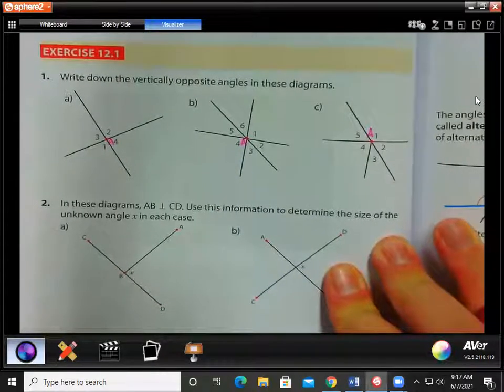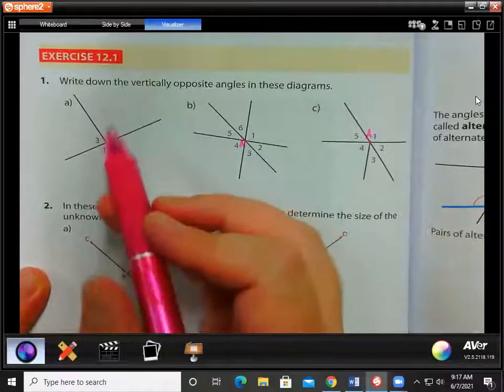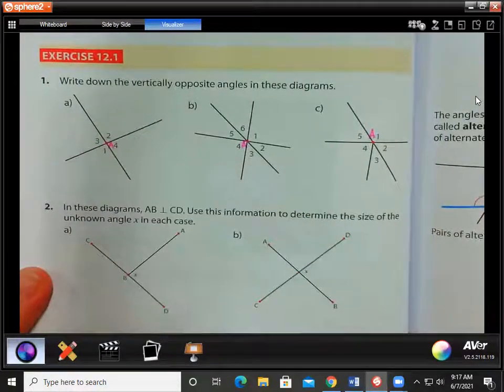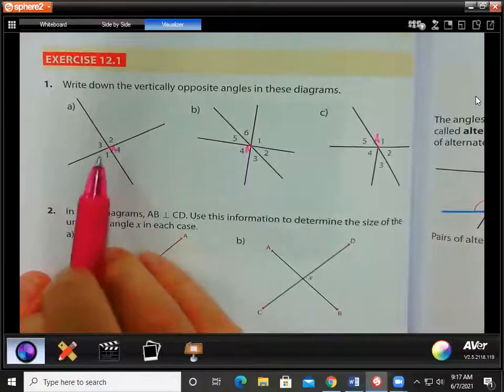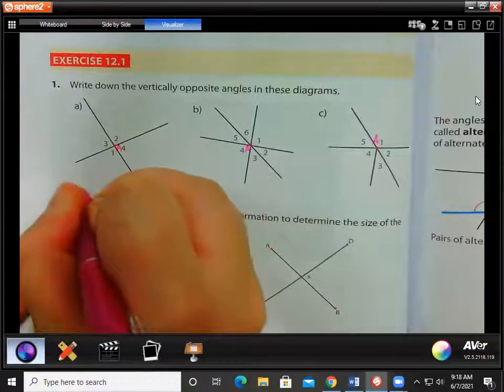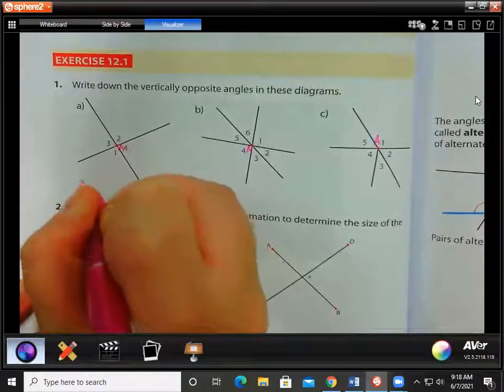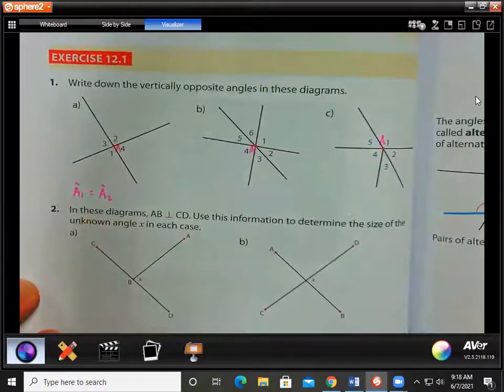Okay, so I'll do the first one with you guys just so that you can understand what they're actually asking. Here, which angles are vertically opposite? A1 and A2. So guys, they want you to write this: A1 is equal to A2. Perfect? Yes.